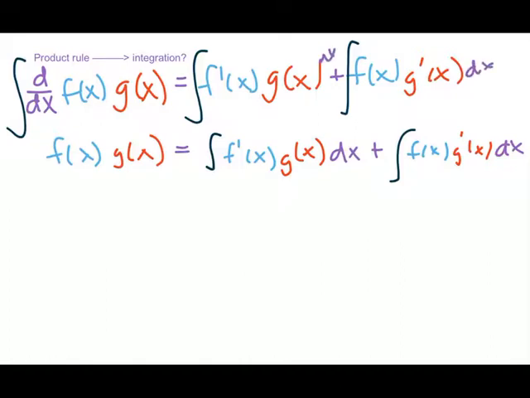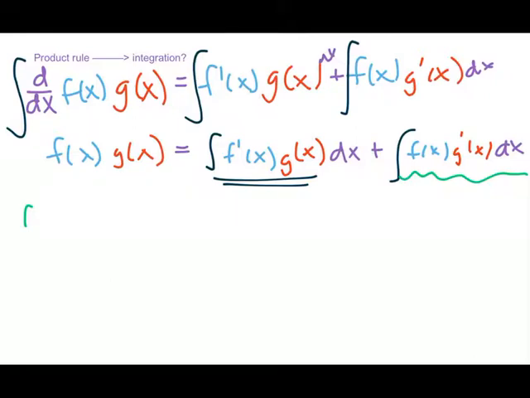And now what we want to do is, our ultimate goal was to have the integral of the product of two functions on one side of this equation. So let's go ahead and subtract. Let's subtract this integral on both sides. And I'm going to rewrite it so that this guy is on the left.